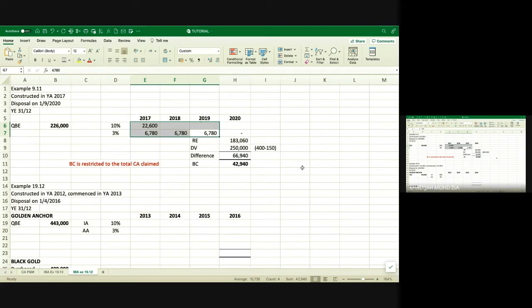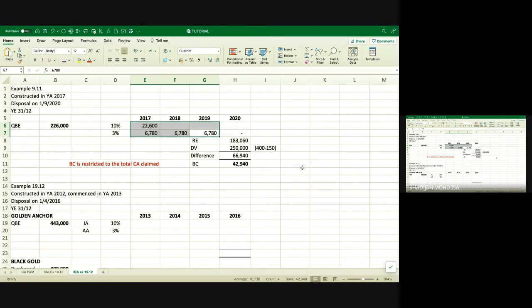So when your gain is more than the allowance that you have claimed, you restrict your balancing charge to the amount of allowances that you have claimed. So in this case, your BC is restricted to 42,940, even though you have a gain of 66,000.